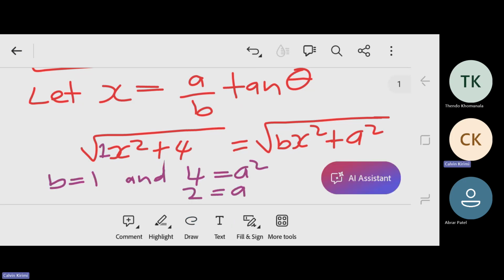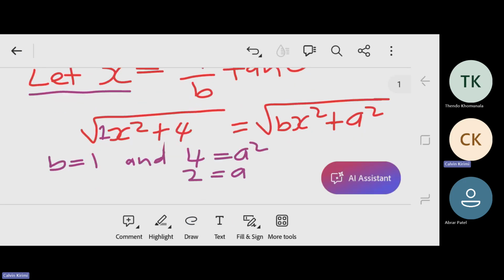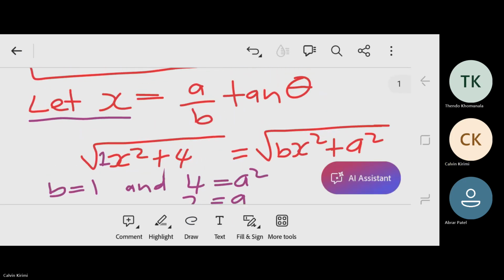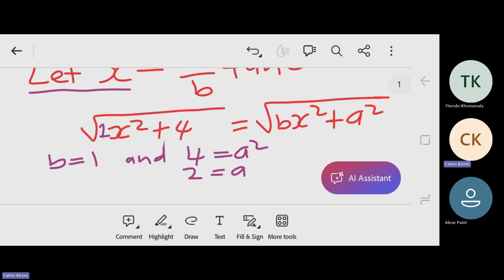So instead of writing let x be equal to a over b tan theta, now you know the values. Your a is 2, your b is 1.